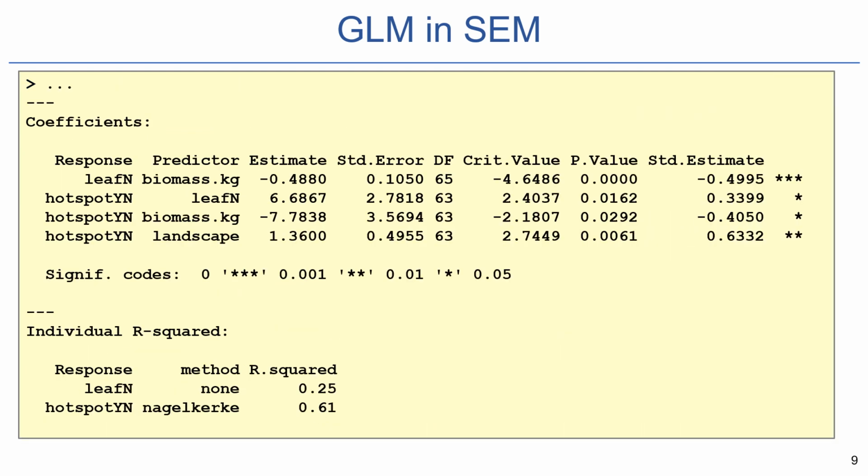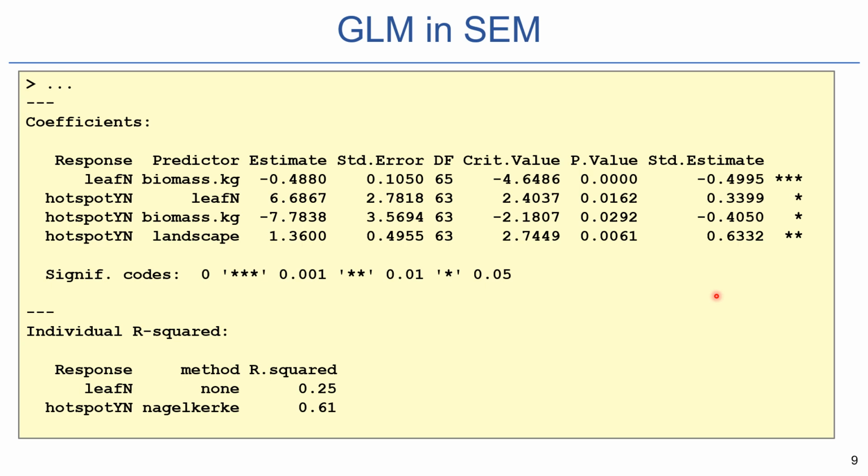And here you get the coefficients for each effect that we tested. You can see that all our effects are strongly significant. So in addition to raw coefficients, we also have standardized coefficients, and it's very new in piecewise SEM, because of course when we have generalized linear models and we also compare them with linear regression models, then standardization is not so straightforward.